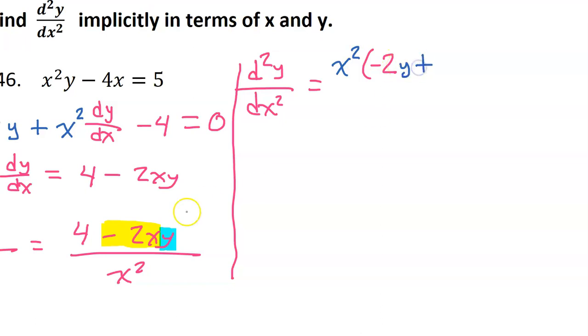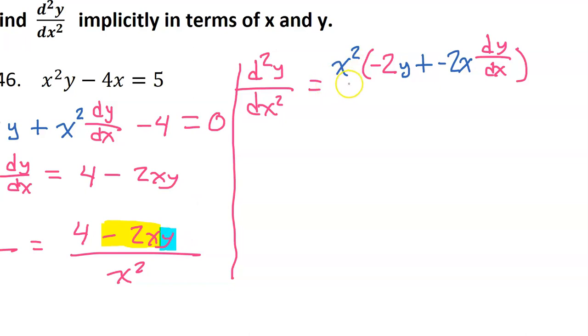And I put a plus. And then the second time through, I leave the yellow part alone, so I'm just going to put negative 2x, and I take the derivative of the blue part. The derivative of y is dy/dx.